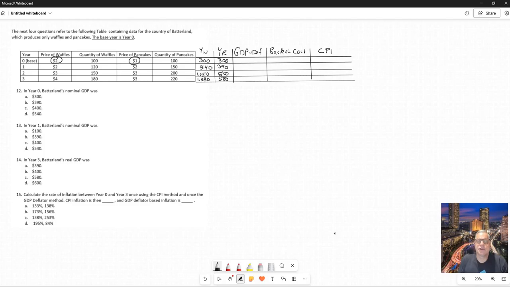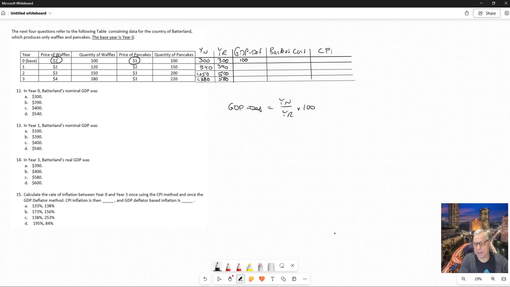So now the GDP deflator. You remember the GDP deflator is defined as nominal GDP over real GDP times 100. For the first one, 300 over 300, that's 1 times 100, so 100.